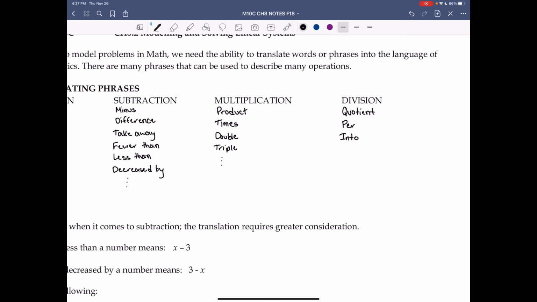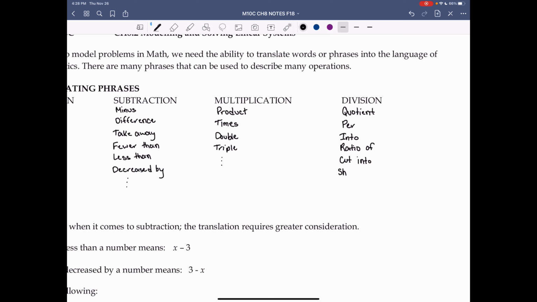That's really asking what is 20 divided by 5. Ratio or ratio of. Cut into, so cut into quarters, cut into 4 pieces, cut into 2 pieces, etc.